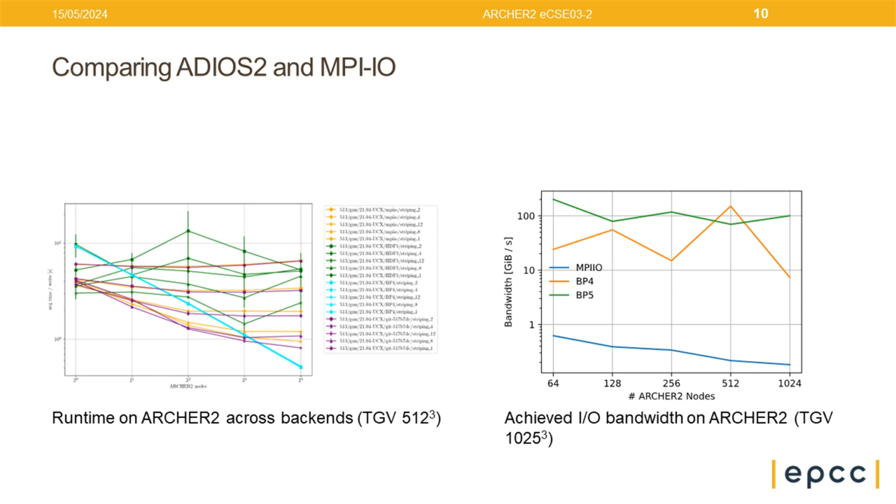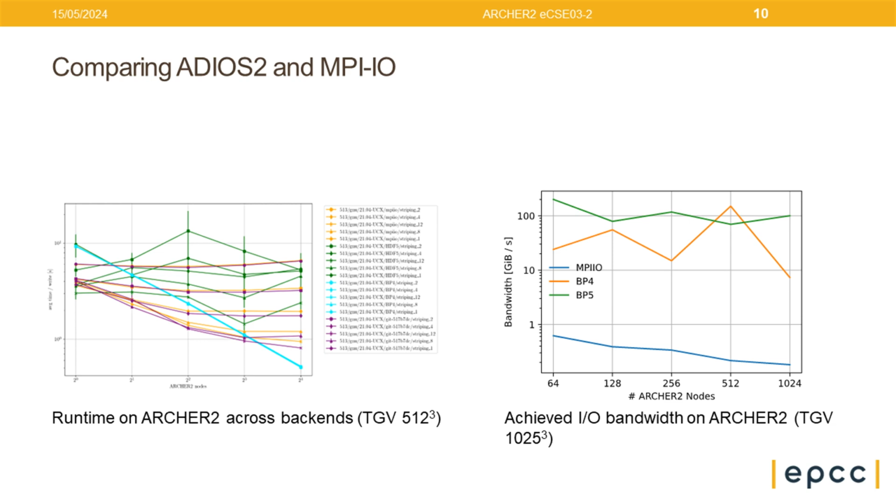It starts off slower, but by the time we get up to 16 nodes on ARCHER2, it's outperforming the MPIO backend. This is because ADIOS2 takes a file per node type approach rather than a single file, and so this scales very well as you increase your simulation size.